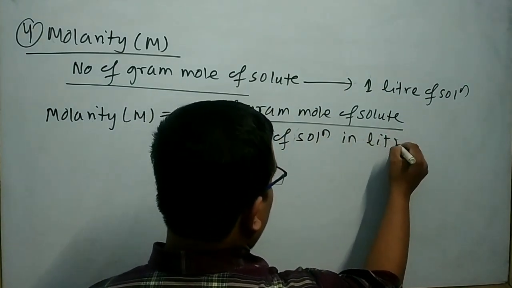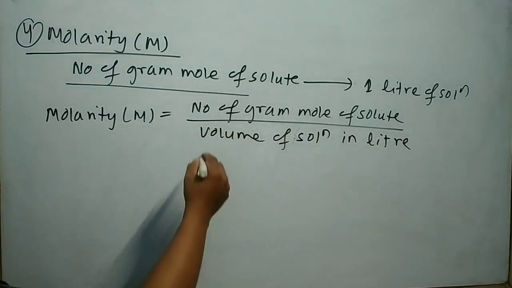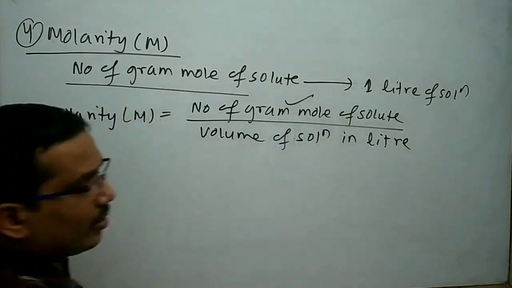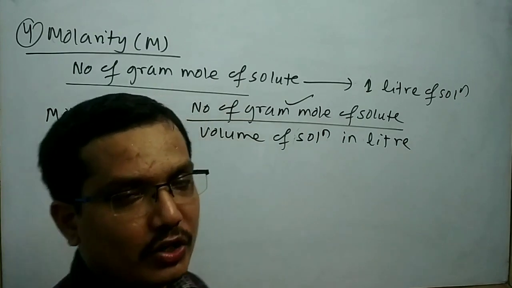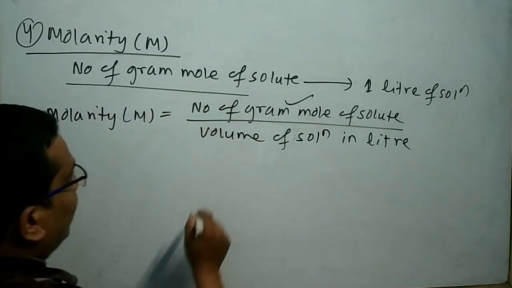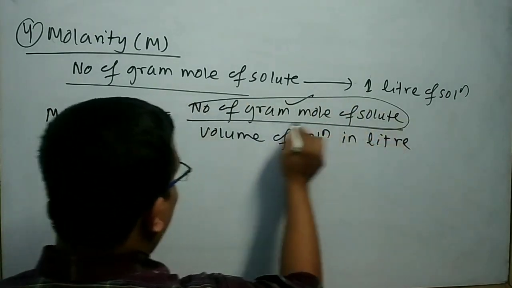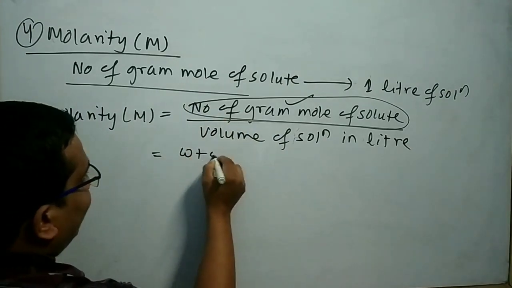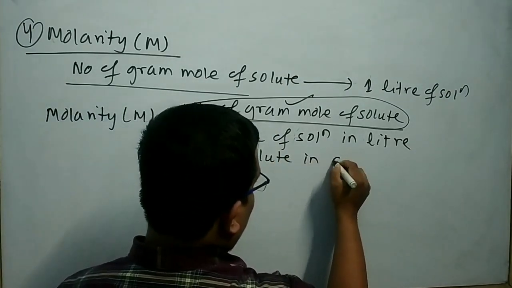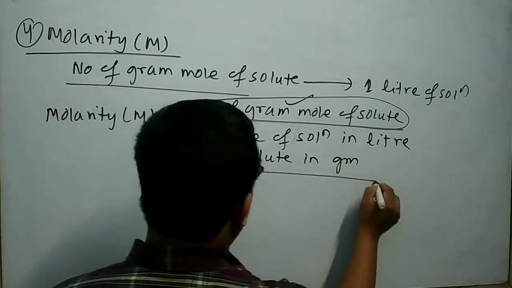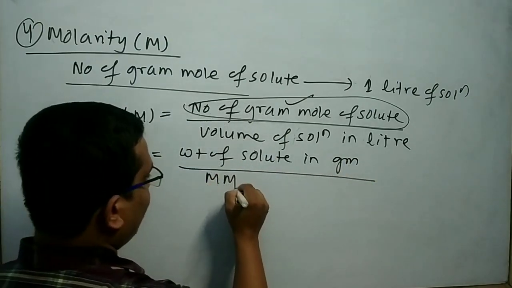We know that the number of gram mole of solute equals weight of solute divided by molecular mass. So instead of this term, I can write weight of solute in gram divided by molecular mass, Mm.